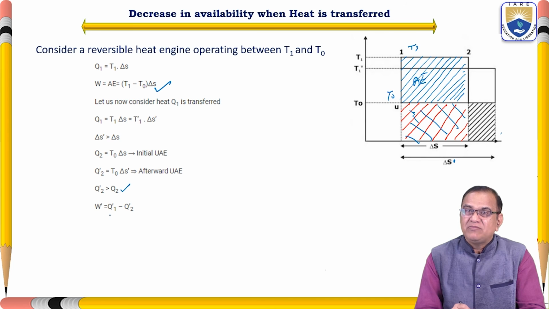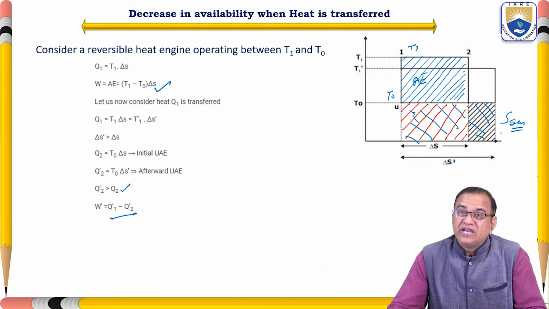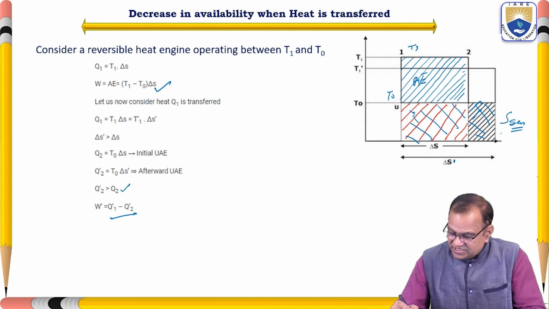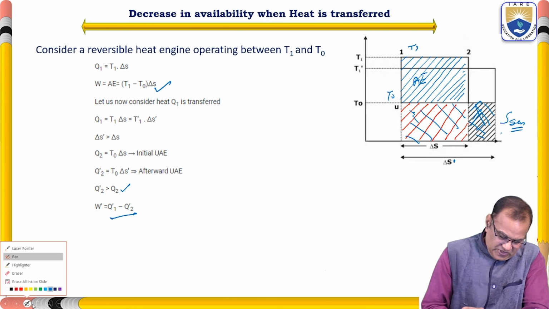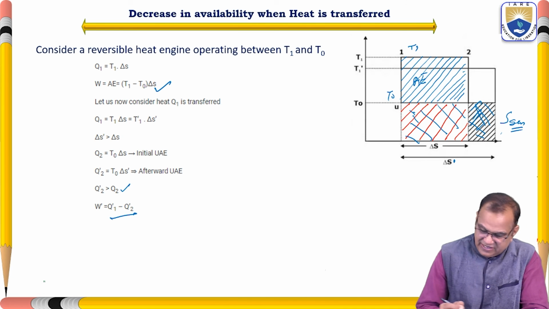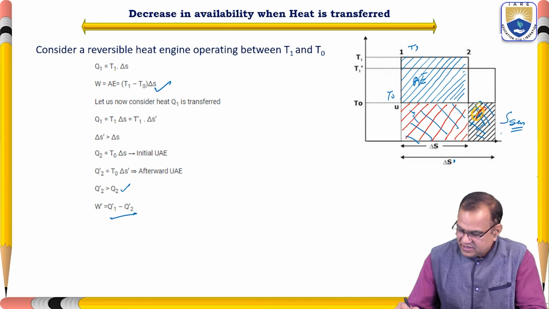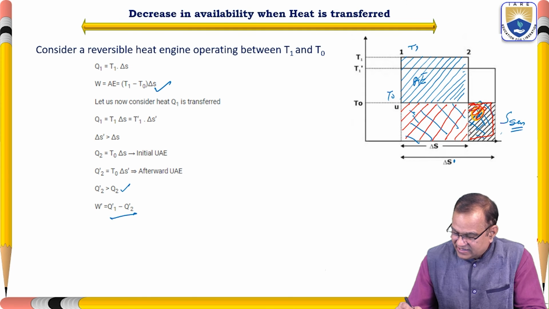So W prime is Q1 minus Q2 prime, so it is less, and this is additional entropy generation. This is S gen. During this heat transfer, the entropy is generated. This much entropy is additional, and this much heat is lost.